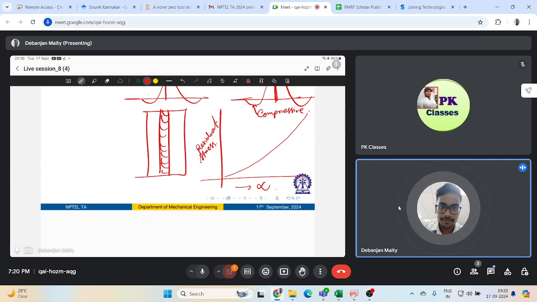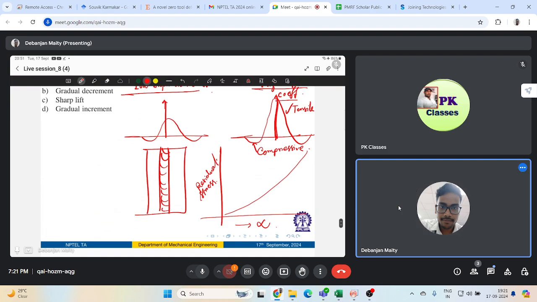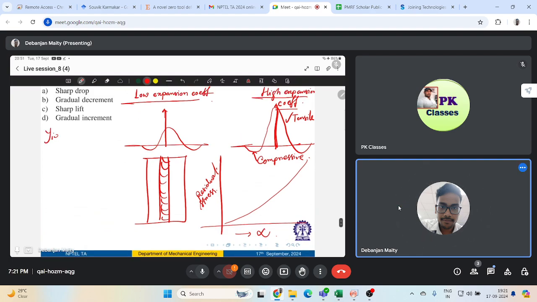So once you are done with this thermal property, then comes your structural properties. What structural properties was I talking about? I was talking about the yield strength of your metal. So that will also affect your weldability.